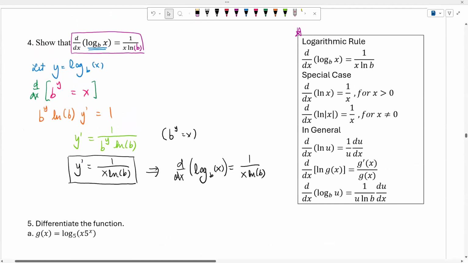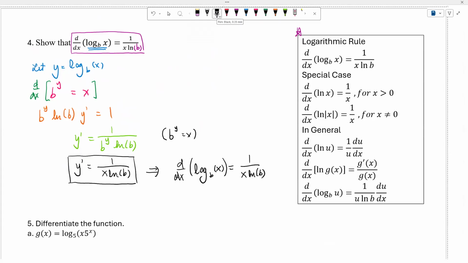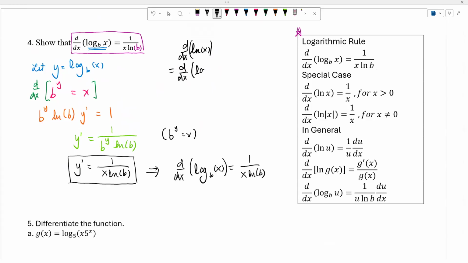Okay, so it turns out that we have some special case. If we take the derivative of natural log of x, then it is equal to 1 over x. Again, if I take the derivative of natural log of x, and remember natural log of x is basically log base e of x, then in this case, we know that it is 1 over x times natural log of e.